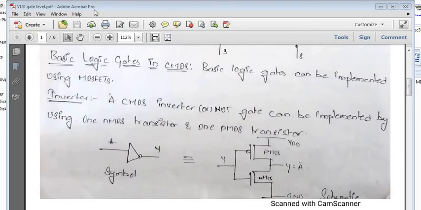Here we have seen the basic logic gates, which are the gates used for implementing any kind of application. Without these gates, it is very difficult to design any other device.